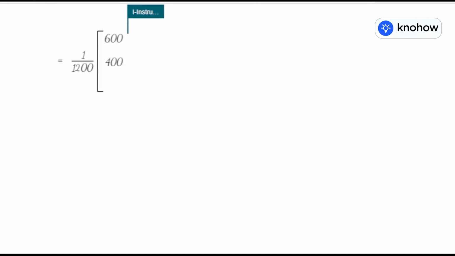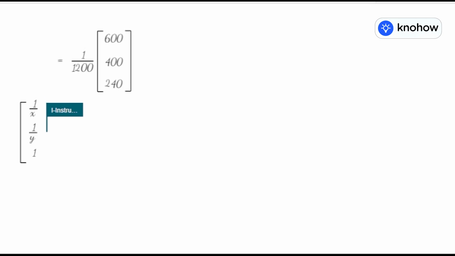Divide each element by 1200, so you get 1 upon x, 1 upon y, 1 upon z equal to 1 by 2, 1 by 3, 1 by 5, because 240 divided by 1200 will make it 1 by 5.